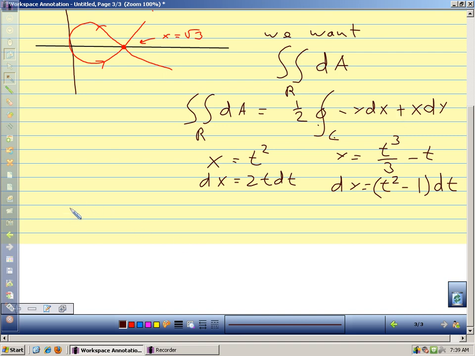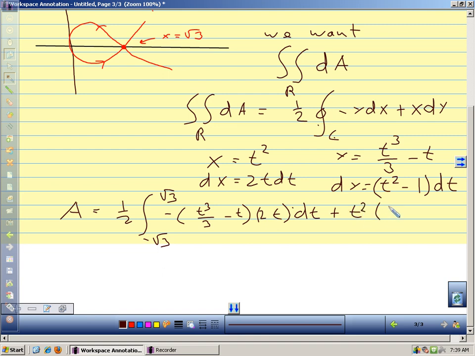Our area is 1/2 the integral from negative square root of 3 to square root of 3 of negative y dx, so minus (t cubed over 3 minus t), and dx is 2t dt, plus x dy, so x is t squared, and dy is (t squared minus 1) dt.